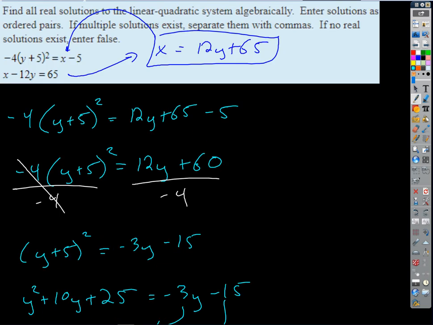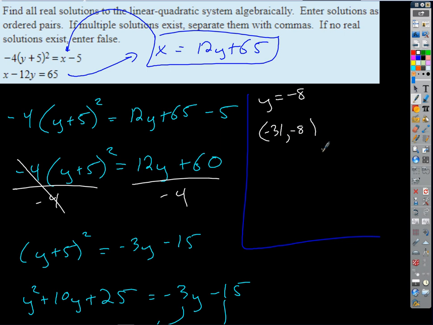But we're looking for solutions to a system, so we need both the values of x and y, right? So now here's where we can go to find the corresponding x values. If y equals -8, I can go up here and find the corresponding x value, right? So if I plug a -8 in, what am I going to get? So -96 plus 65 would be -31.